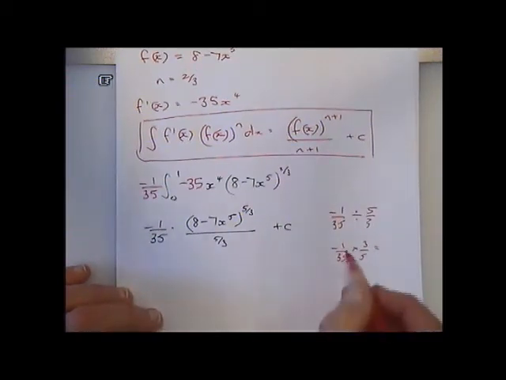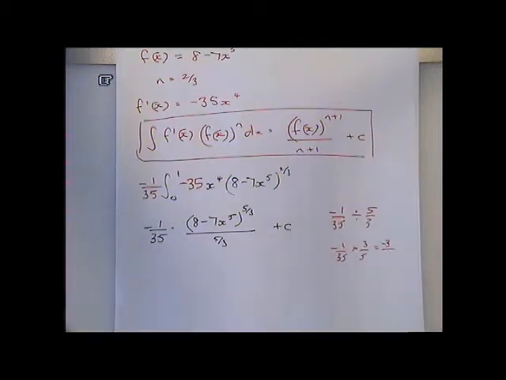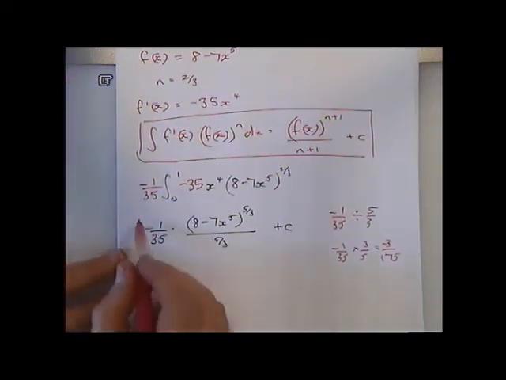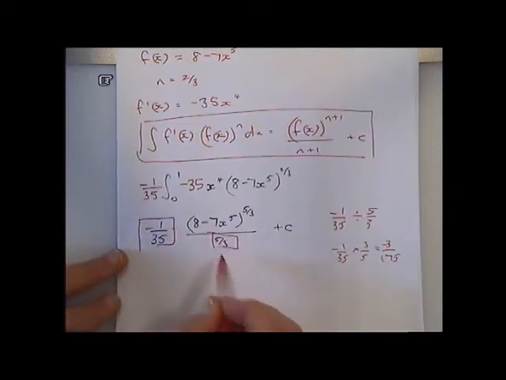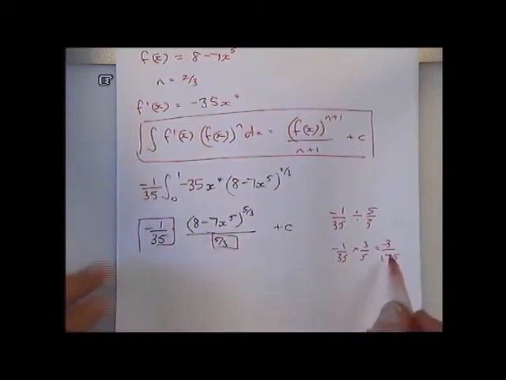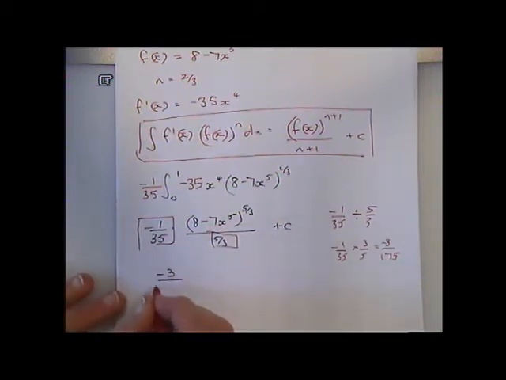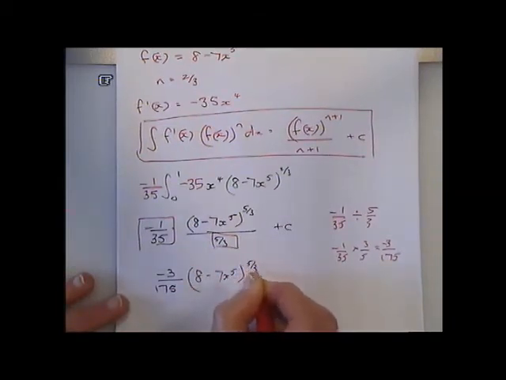So if we're timesing these fractions together, minus 1 times 3 is minus 3. 5 times 35s, 175. Yep. So that fraction there and that fraction there being divided together give you that fraction over there. So this answer here is minus 3 over 175 times the bracket to the power of 5/3.